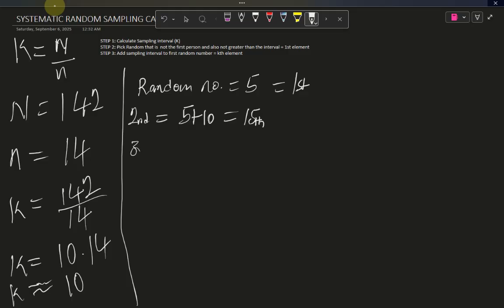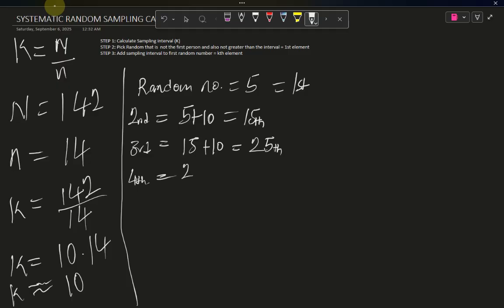Then the third will be equal to 15 plus 10, which will be equal to 25, the 25th person on the sampling frame. The fourth person, you do the same thing: 25 plus 10, that gives you the 35th person on the sampling frame.